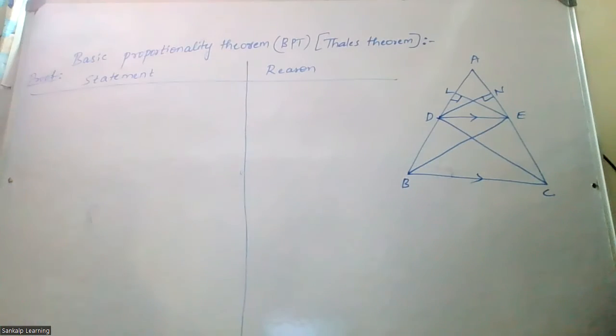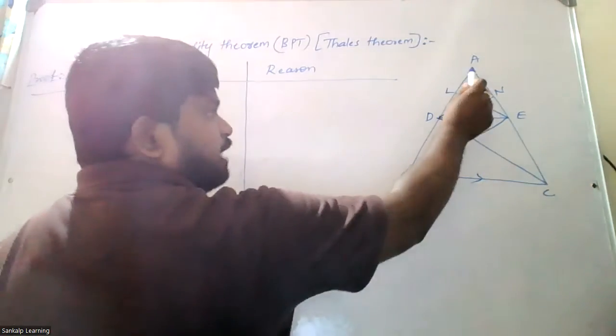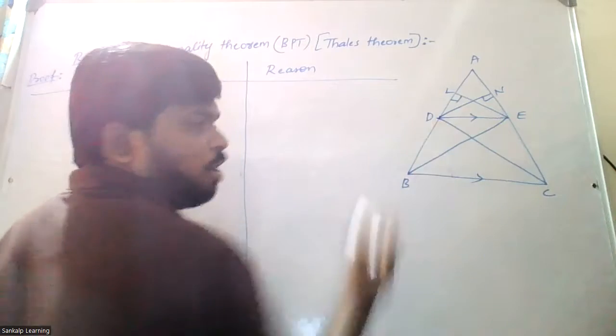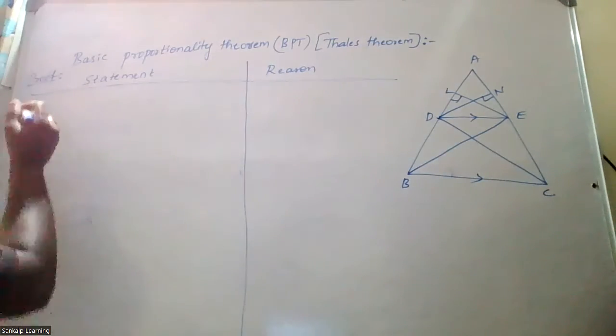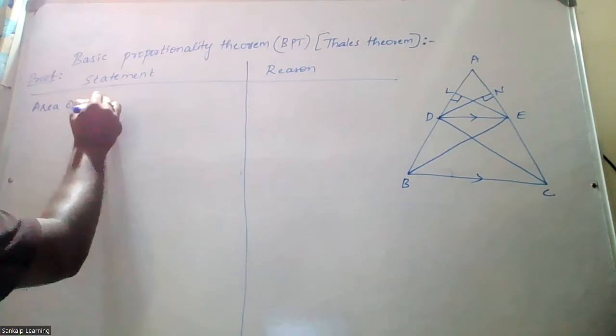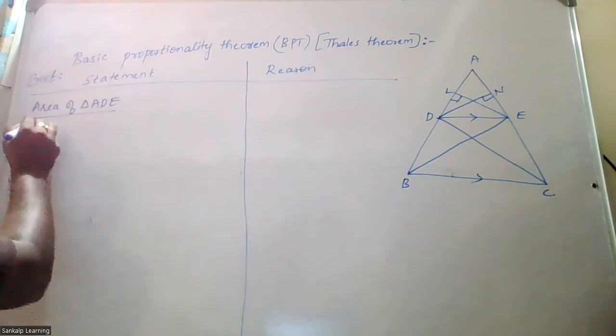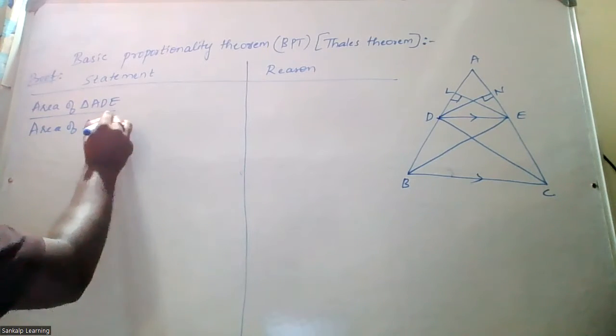Okay. Now, the first step is, let's find the ratio of two triangles, areas of two triangles. That is, let's take this ADE, the one which is on the top, area of triangle ADE divided by area of triangle BDE.